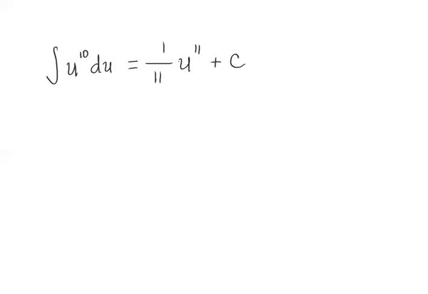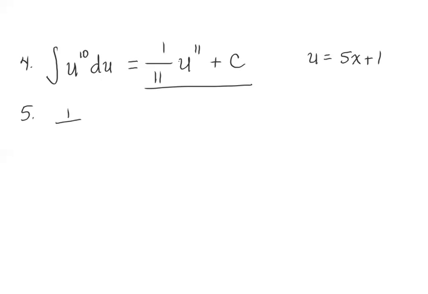My last step is I need to back substitute. So I need to recall that u I called 5x plus 1. So I'm going to resubstitute that into my integral here.